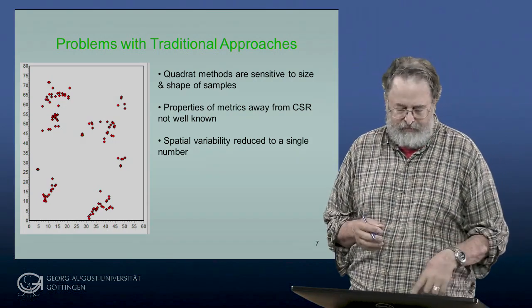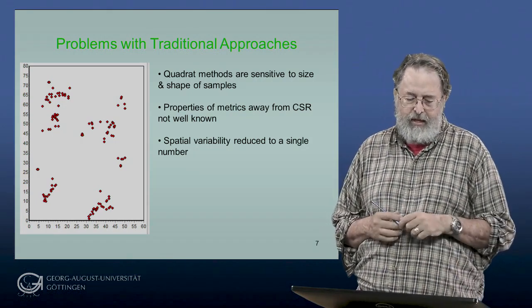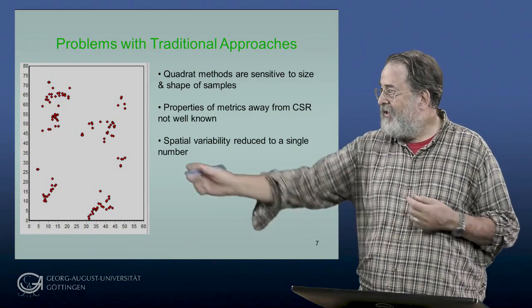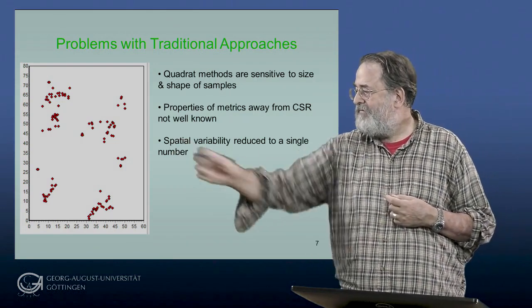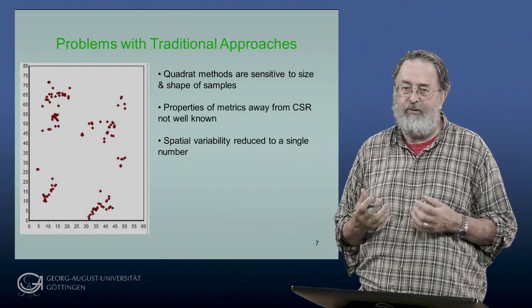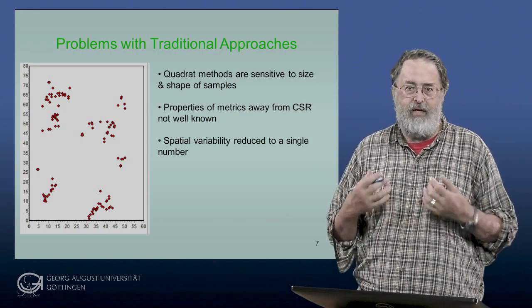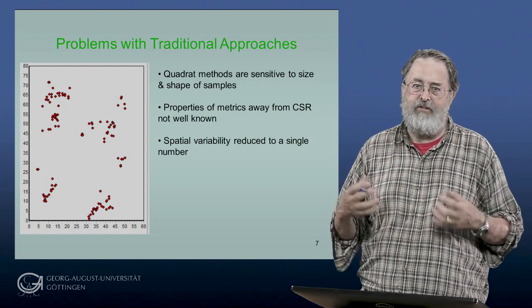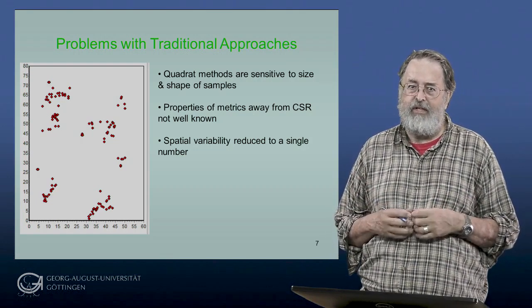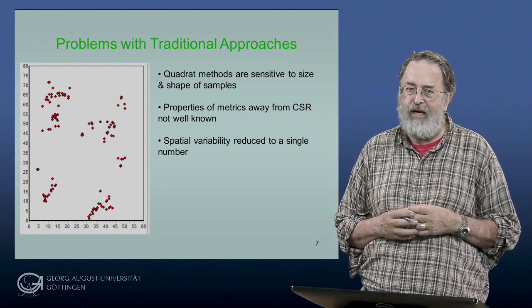For example, the pattern that we see here may have a hierarchy of different levels of pattern. And so the approaches are going to miss a lot of what's going on potentially, and we would like to be able to tease apart what that pattern is actually doing.